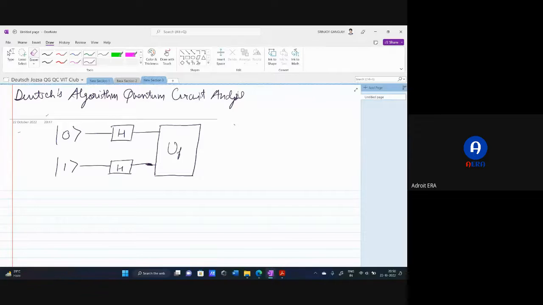So this is UF, and then we have Hadamard, leaving the second qubit, and then this is the fourth step, we take the measurement, right?